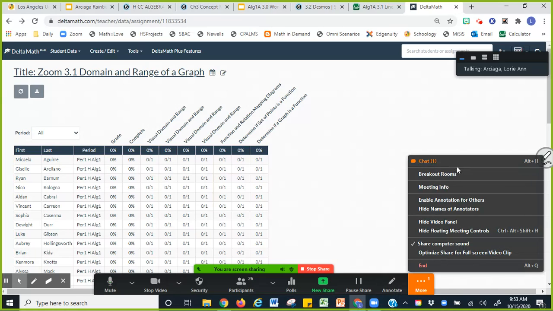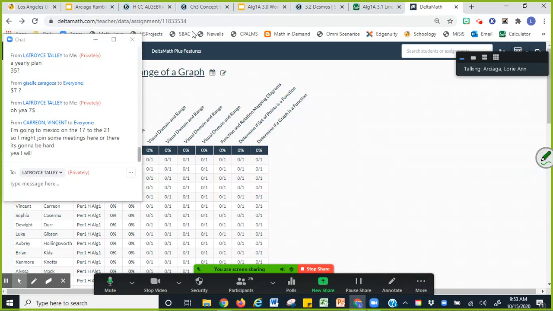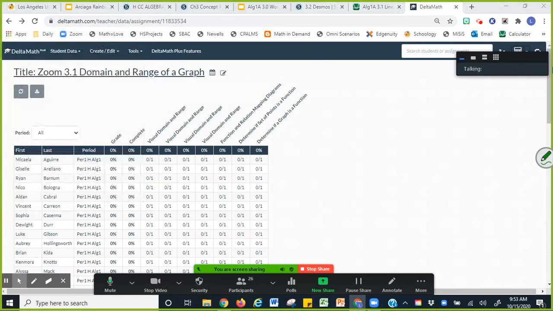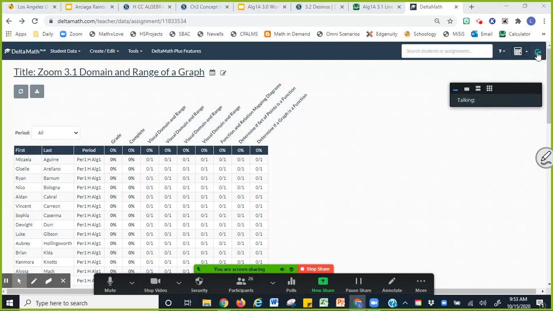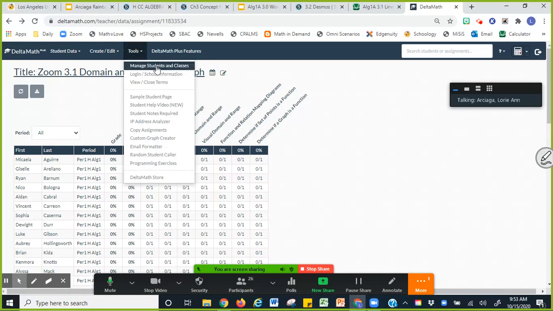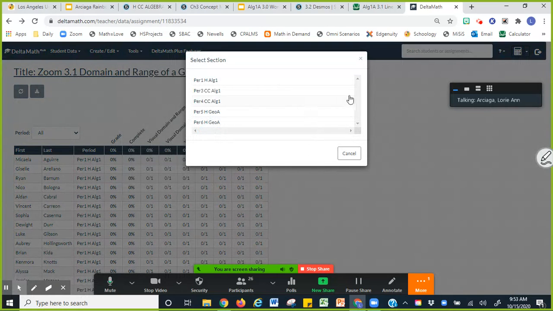Can somebody share his or her screen? Okay, hang on. Tools, because I cannot log in as a student. Let me see. Sample student page. How about that? Let's try. Nope. Here's one.